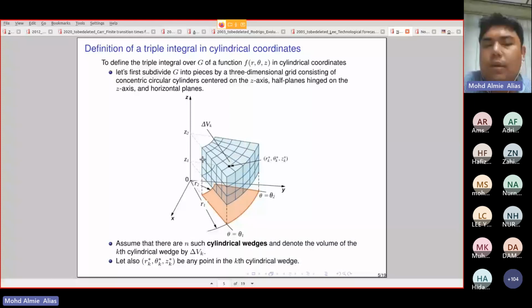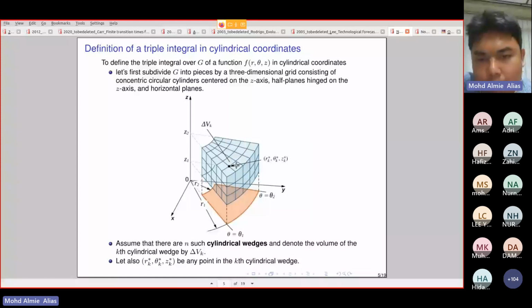Assume that this G can perfectly be divided into certain sub-regions or sub-solids, and you get something like this. Assume that you have n such smaller cylindrical wedges, where the volume for each is delta Vk. And then you take an arbitrary point from each small sub-solid, or small wedge here.